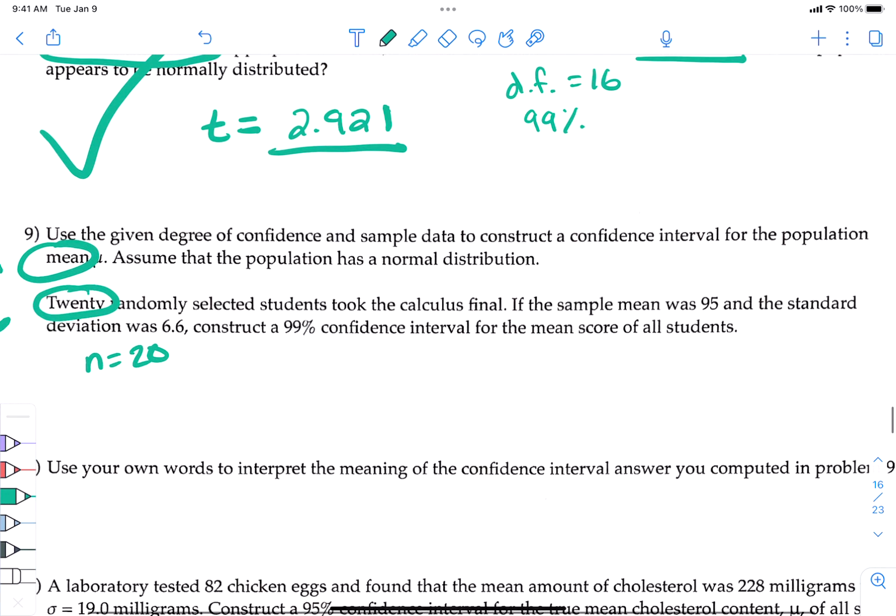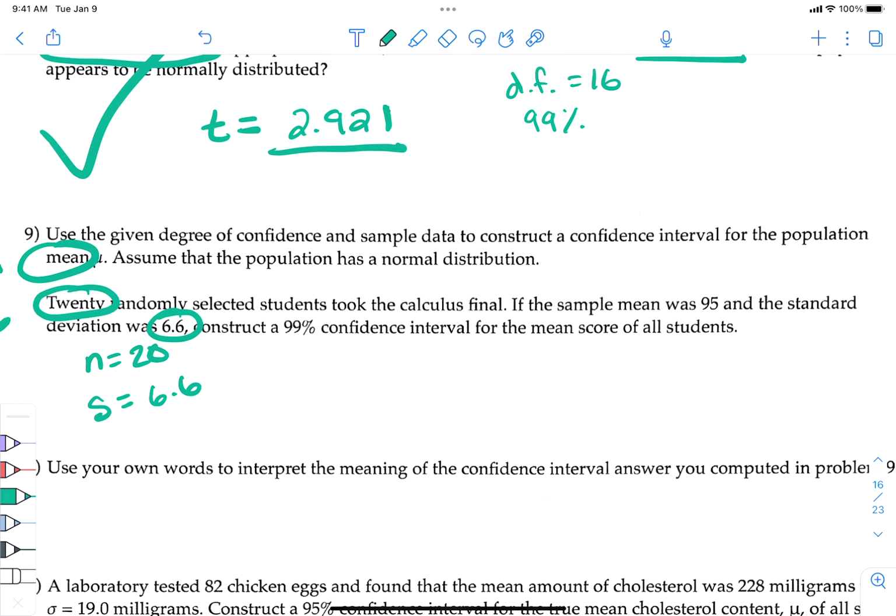But do we know the population standard deviation? It gives me a standard deviation is 6.6. But is that for the population or for the sample? For the sample. What variable do we use for that? Sigma is population. S. So if that's the case, what do we use? T or Z? Now you're guessing. Quit guessing.